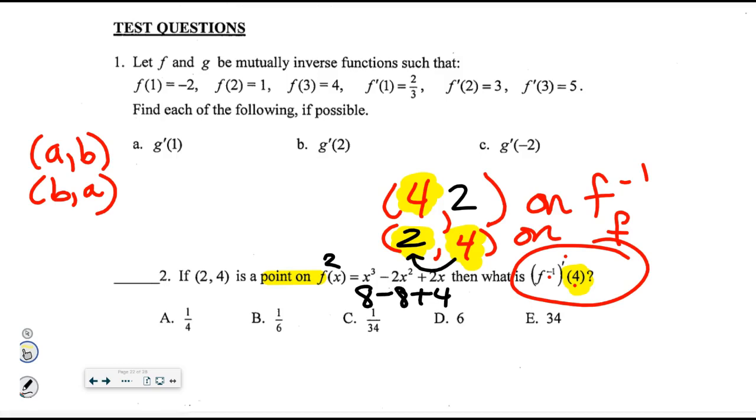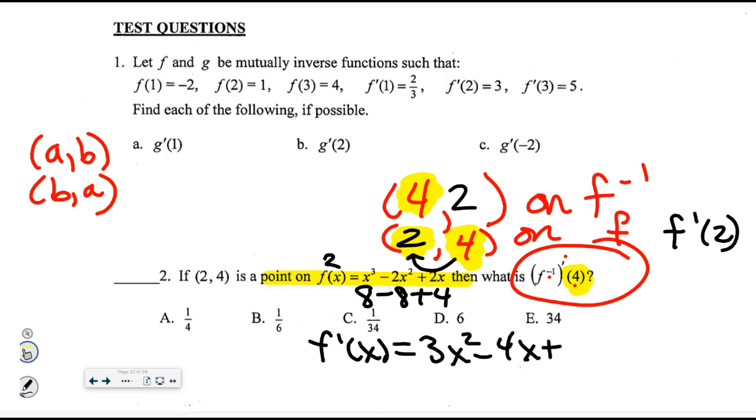All right? Then what you're going to do is say, well, I only have f, but I can easily find f prime of 2, and it'll be really easy to find. It'll either be on a table or on a graph, or this one you actually do have to go take a derivative, but it'll be an easy derivative, nothing crazy. 3x squared minus 4x plus 2. I'm finding the derivative on f. Okay, what will I plug in here?